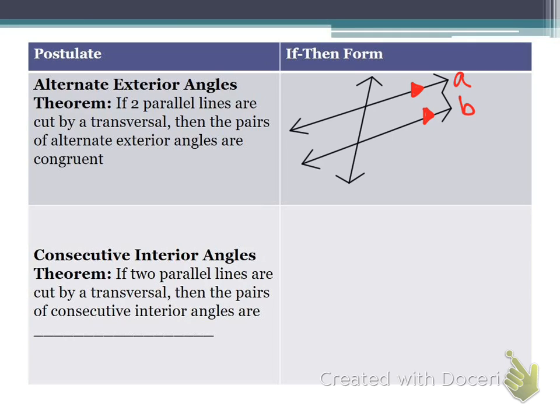So again, if you want to label 1 and the other one 8, sure. And again, we would say if A is parallel to B, then what? Then angle 1 is congruent to 8. Good. Then angle 1 is congruent to angle 8. Again, this would also work for our other pair of alternate exterior angles. We just didn't label them this time.